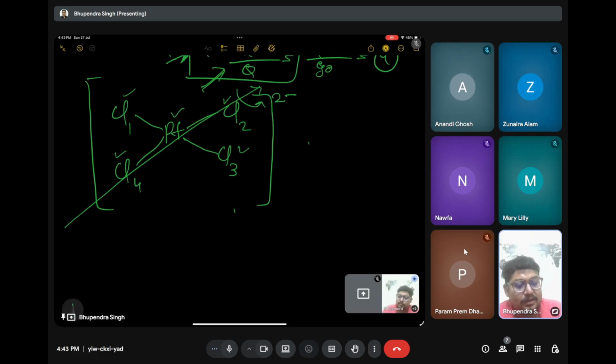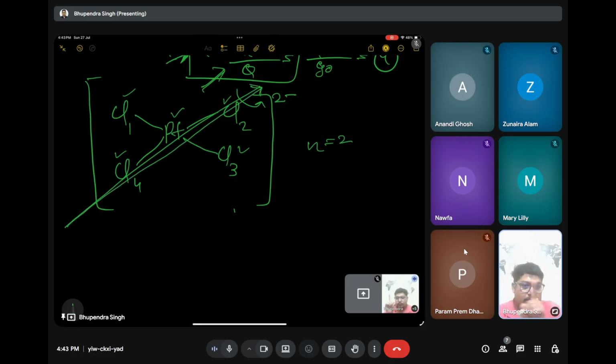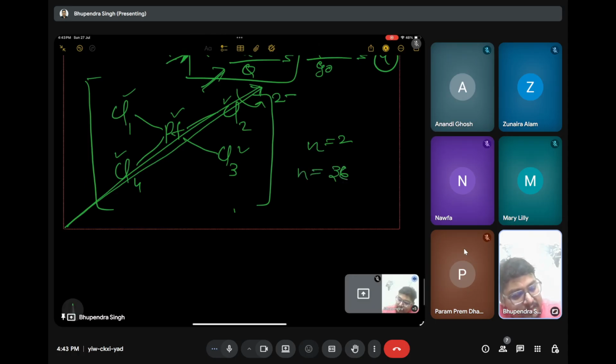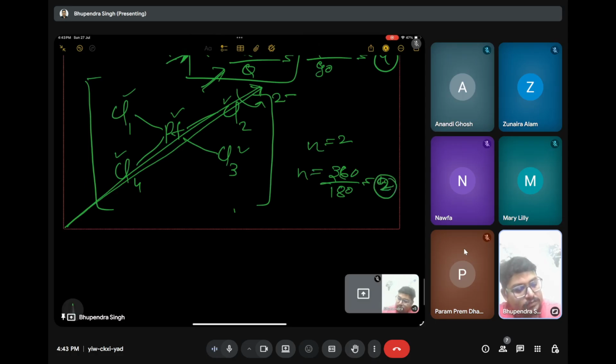So n should be 2. Basically, along this axis you are rotating the molecule by 180 degrees. Again, your formula gives 2. So it is a C2 axis.